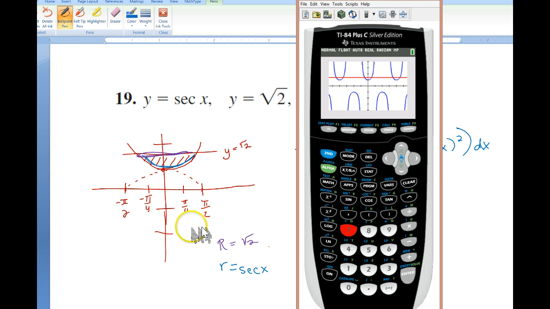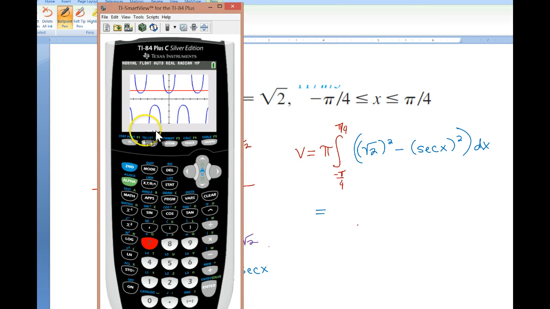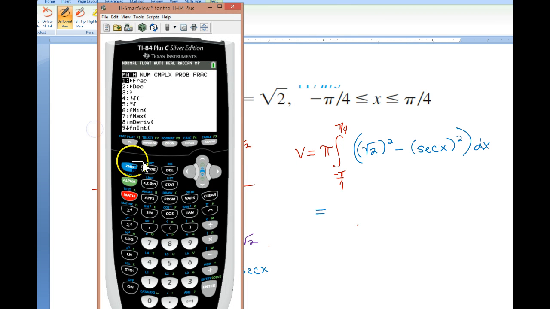So when we type this in, we'll do math 9 from negative pi divided by 4 to pi over 4.